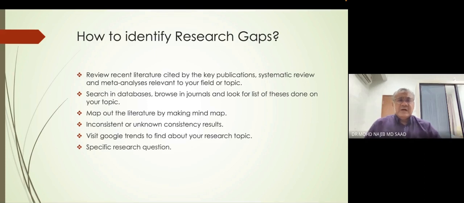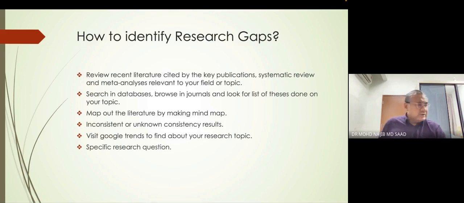Another means to identify a research gap is to thoroughly review recent literature which is cited by the key publications, the most established key publications, which refer to prominent publishers.